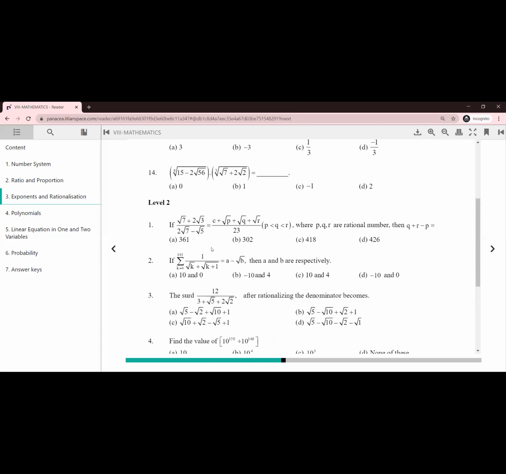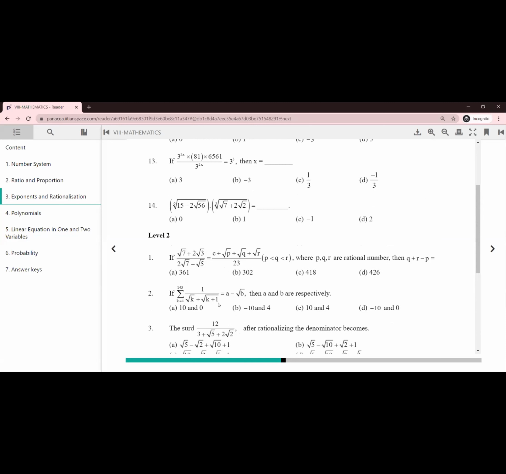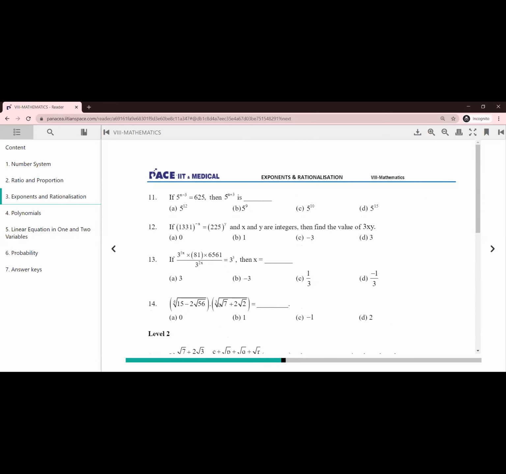Here in level 2, question number 1, I didn't understand this. I shared the solution in the group. Did you check it? No sir, I didn't check it. I have shared this question three or four times, so you can just check it once. And this 14th one, have you shared this answer?